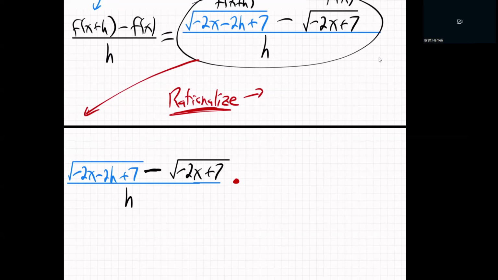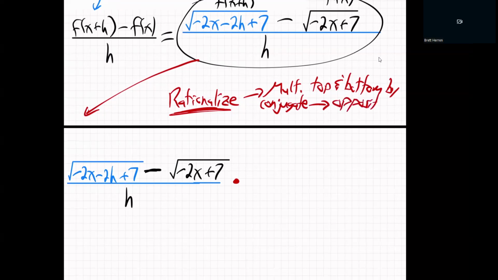How you do that is you multiply the top and the bottom by the conjugate. What's the conjugate? Opposite sign in the middle.